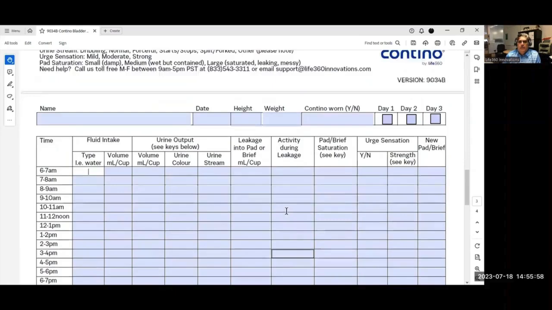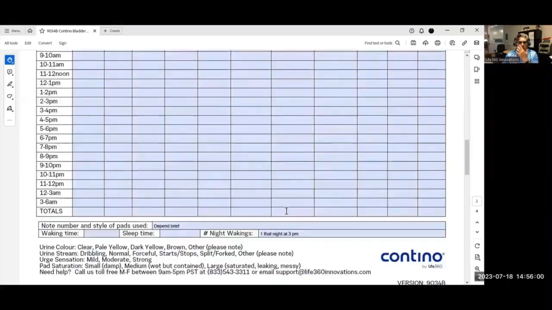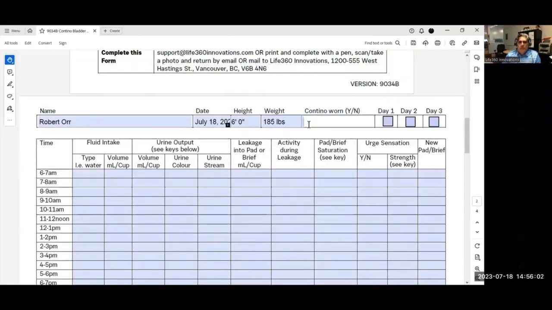If you hit tab, sometimes you'll advance down to the next one. It's a little bit finicky from time to time. I'm not using the Contino, so I'm going to say no for the Contino, and I'm just going to click day 1 there, and let's get started.